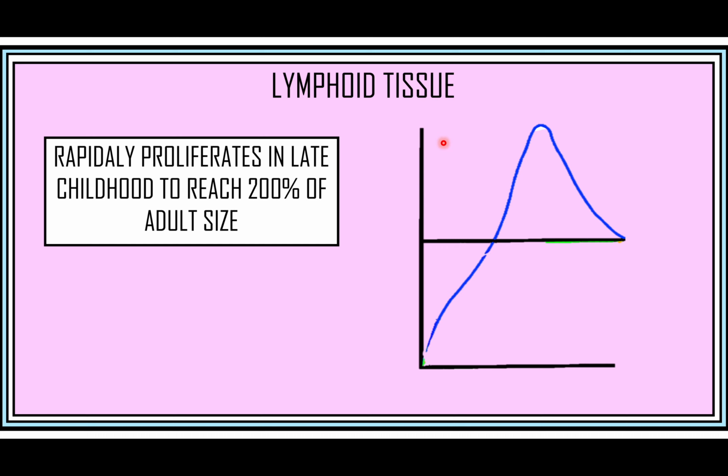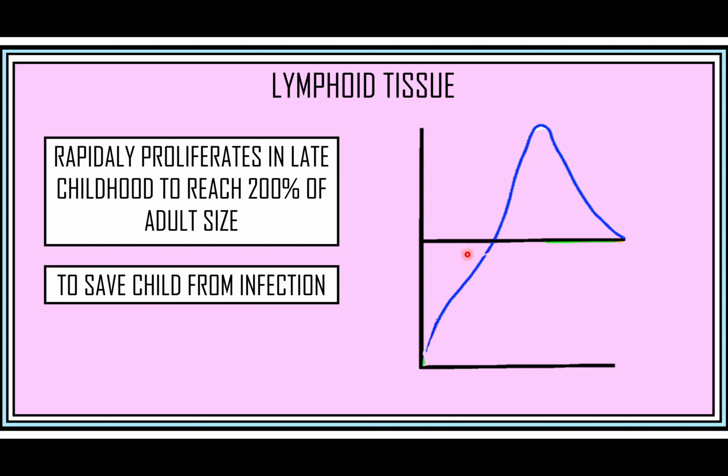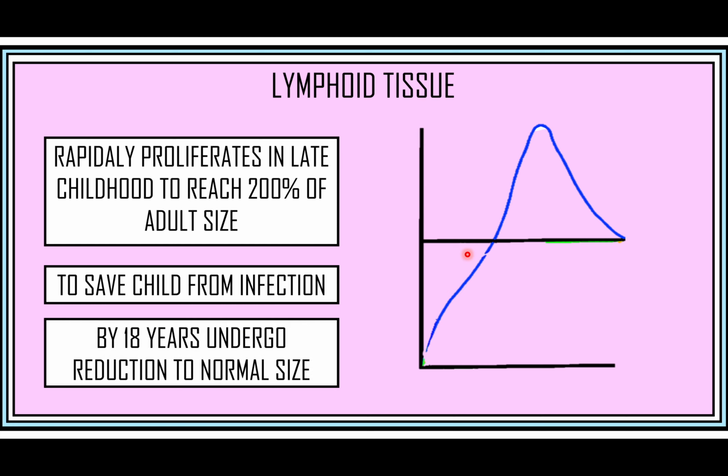This is 100% of adult size. This proliferation of lymphatic tissue occurs to save the child from infection. By 18 years, it undergoes reduction and reaches the normal adult size.